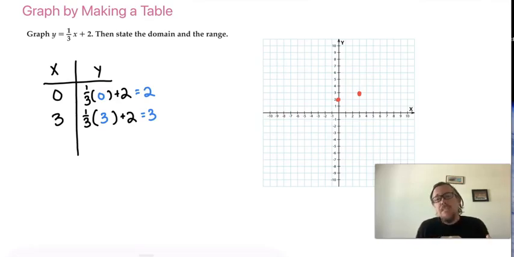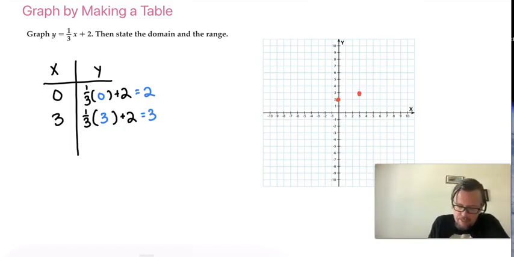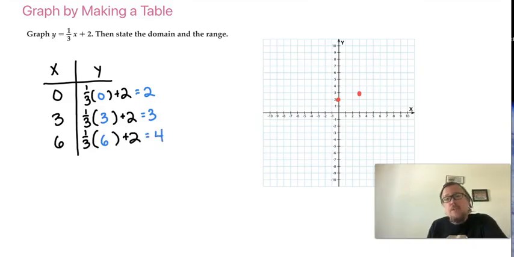So there are 2 really great options here for a point to choose. One really great option is the point 6 because 1/3 times 6 comes out very nicely, and that would be 1/3 times 6 plus 2. 1/3 times 6 is 2, and 2 plus 2 is 4. So that's a really good choice.